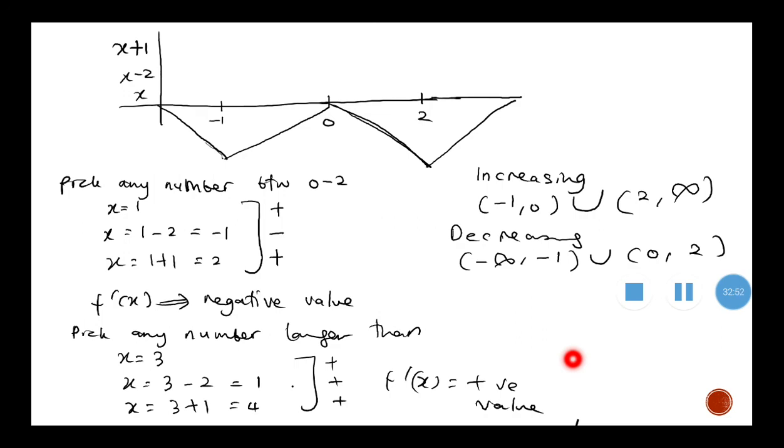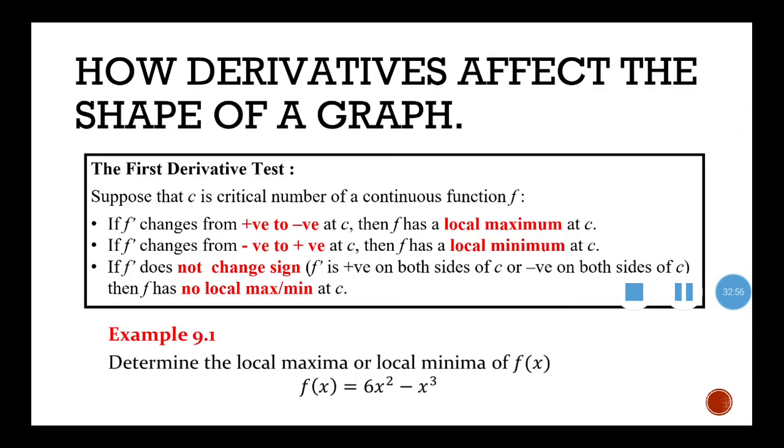Now let's look at example 9. To determine the local maxima and local minima of f of x, you have to use the skills that you gained earlier from example 8.